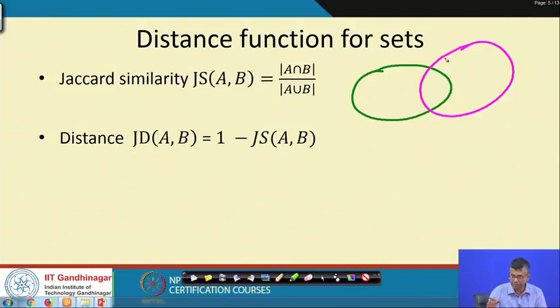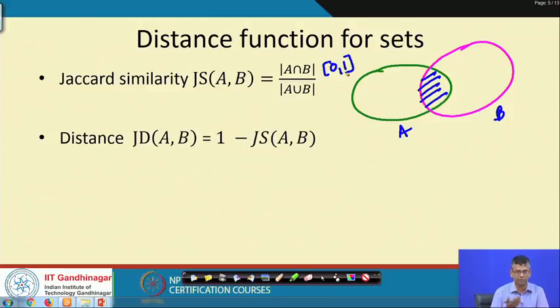If you have two sets A and B and you want to calculate the Jaccard similarity of these two sets, you take the number of elements in A intersection B, and then you divide by the cardinality of A union B. It is easy to see that this always gives you a number between 0 and 1. So, this is a notion of similarity.